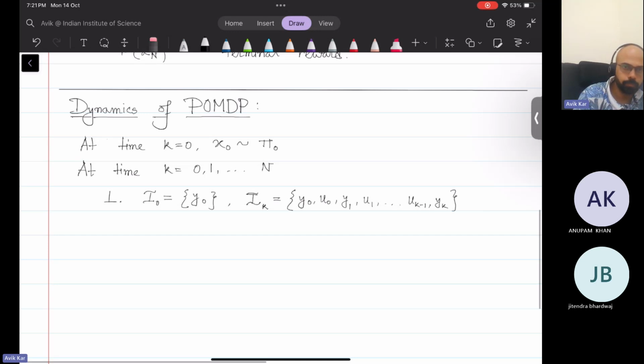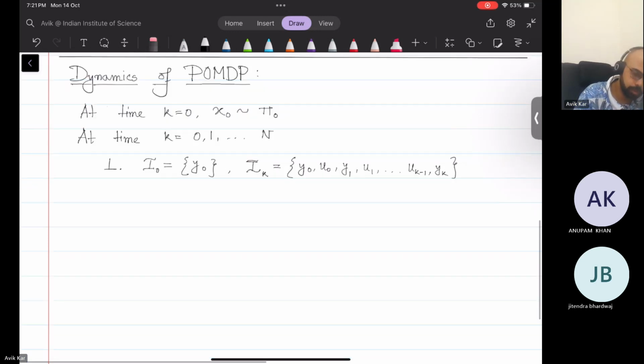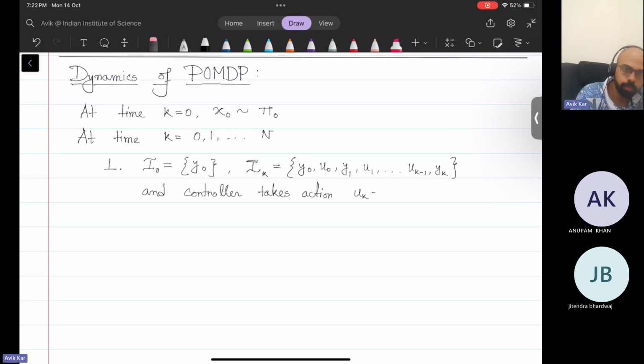Okay, so the controller takes action ak, which is given by some policy mu k, and it is basically history dependent.